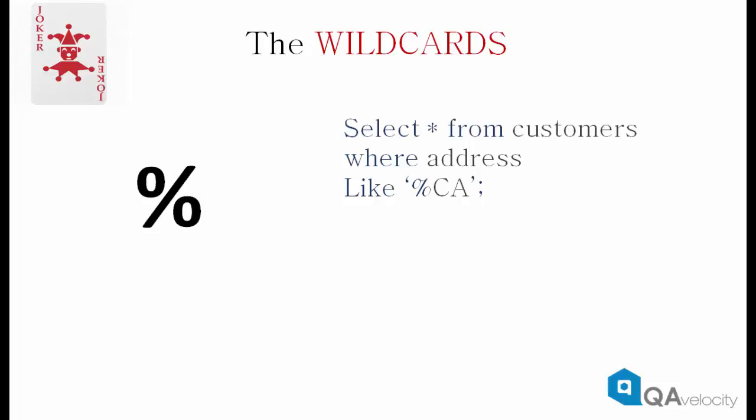So we use percentage before California and it fetches all the values that end with California. So if you see the query, select star from customers where address like percentage California. It may include Jamaica, Mecca, anything that ends with CA.